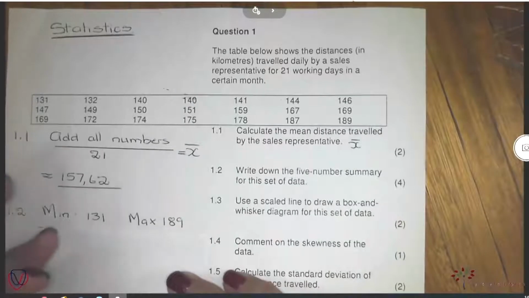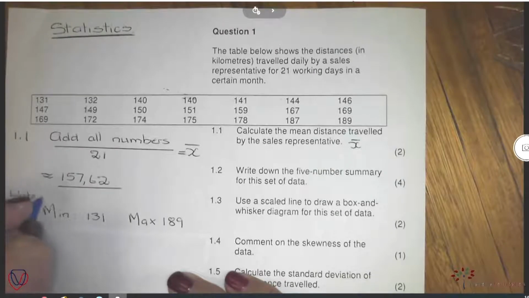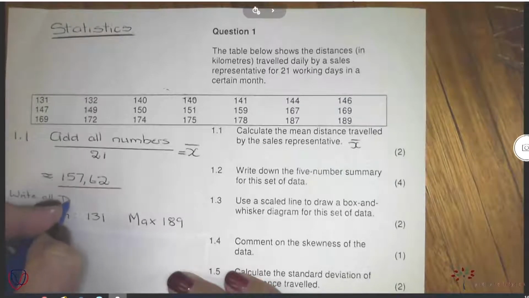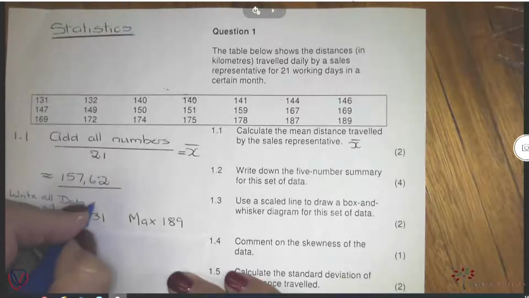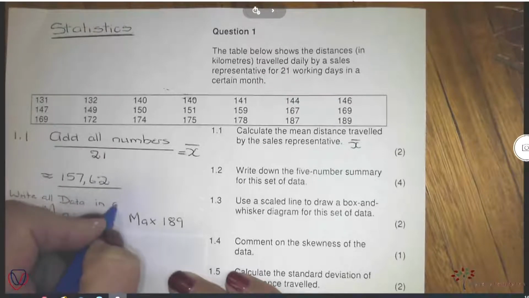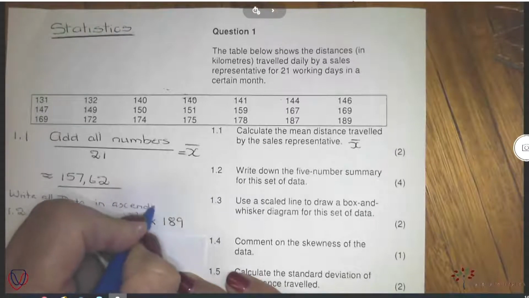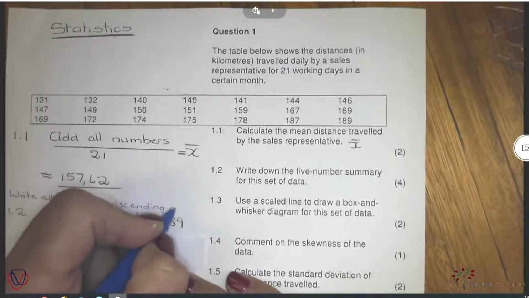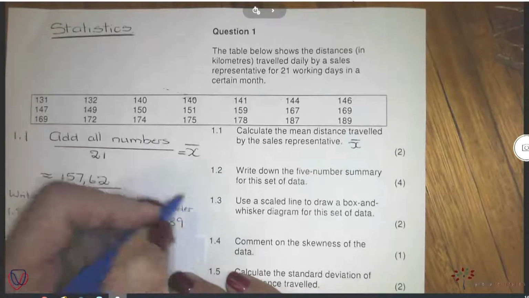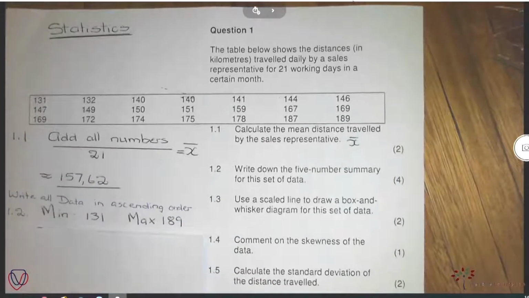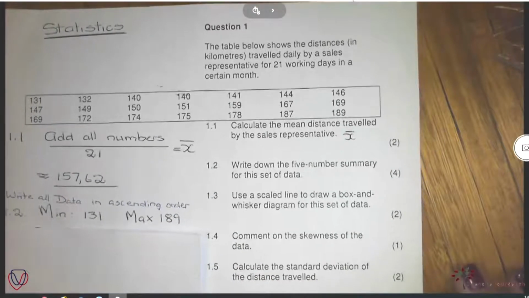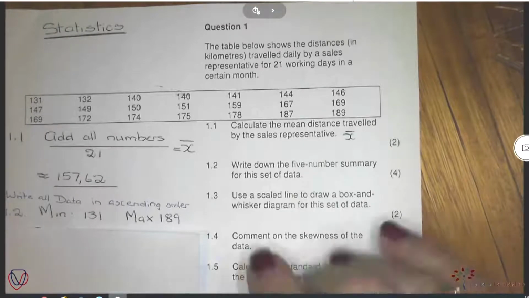But I want to write there that you must remember, write all data in ascending or descending order before you can do the 5-number summary, the box and whisker summary, in other words.